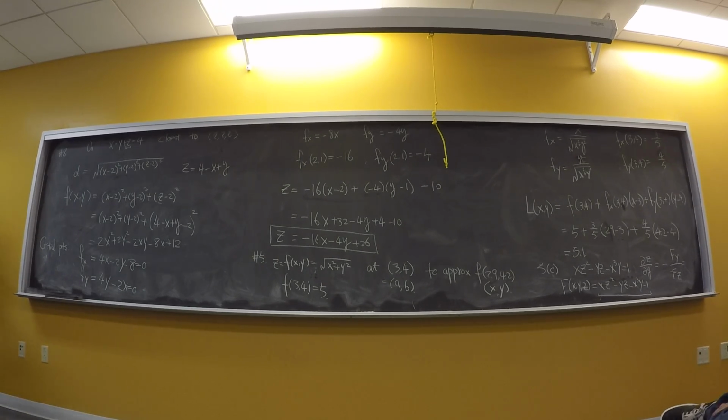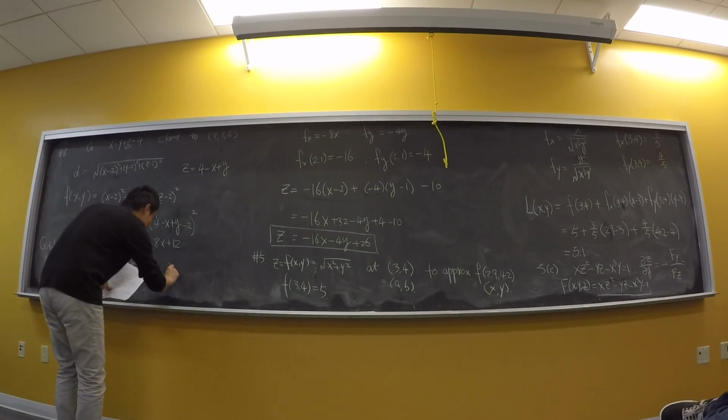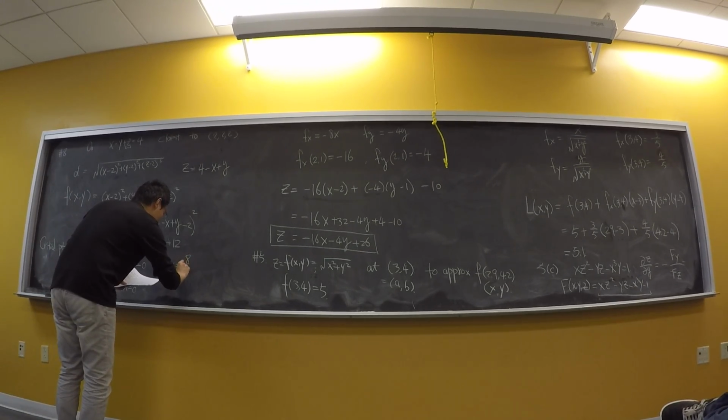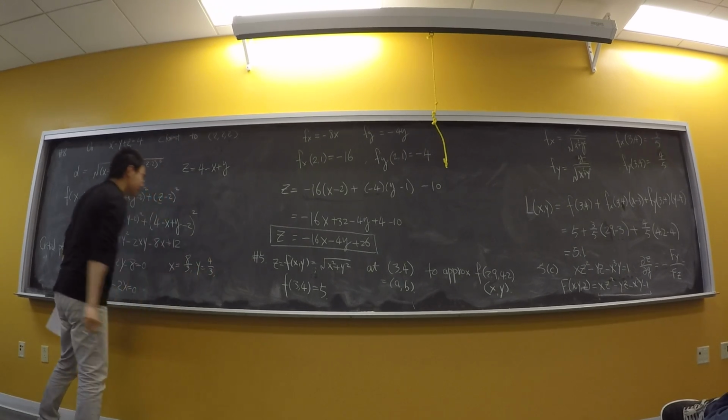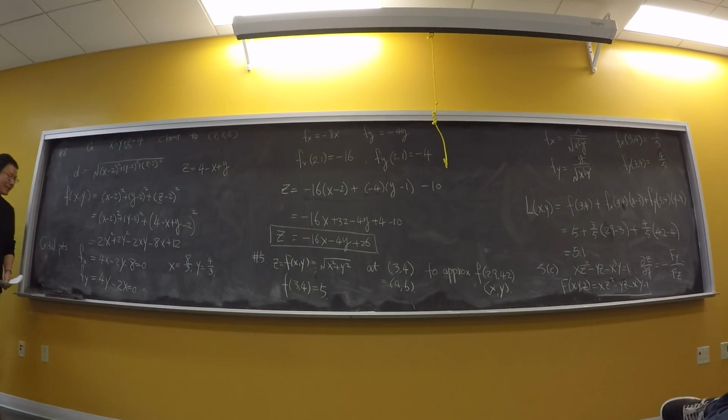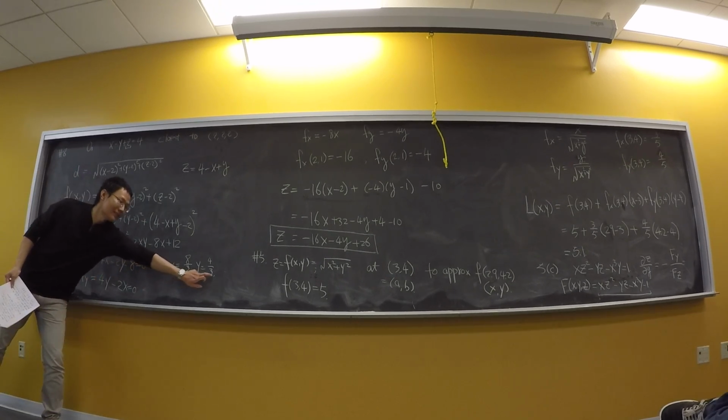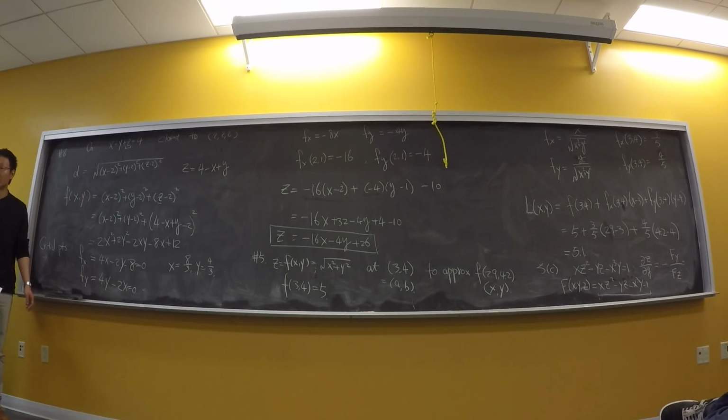Solving these 2 equations is pretty straightforward. So I'm getting x is equal to 8 divided by 3, y is equal to 4 divided by 3. And I can easily verify by the second order derivative test that this point is indeed the point where you can achieve a minimum value.